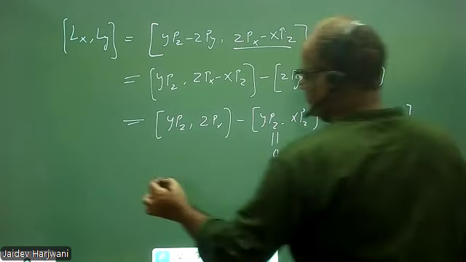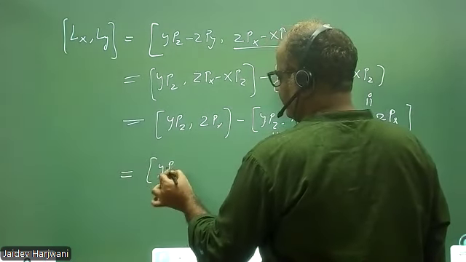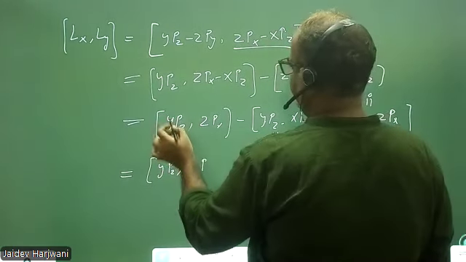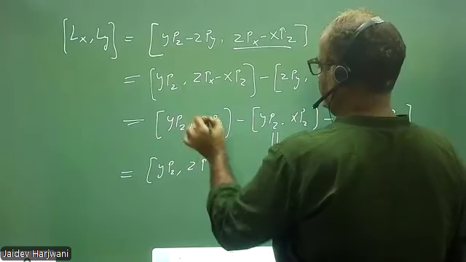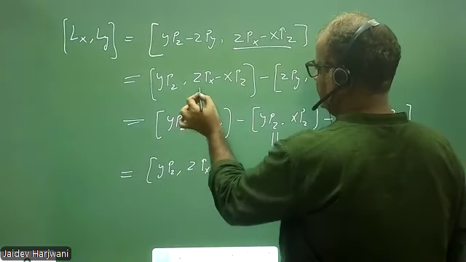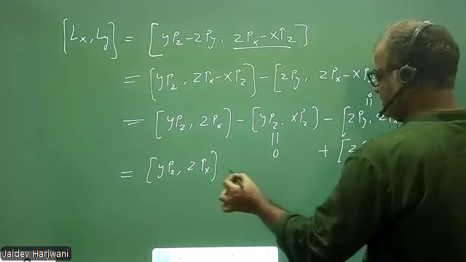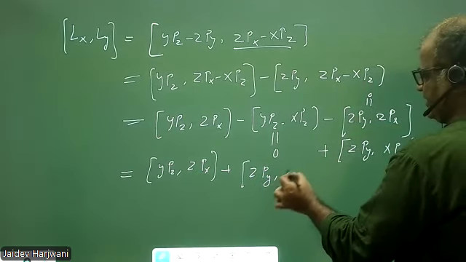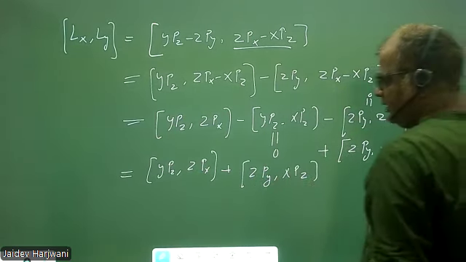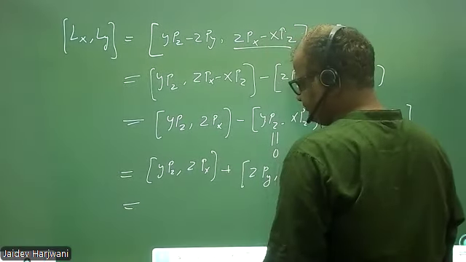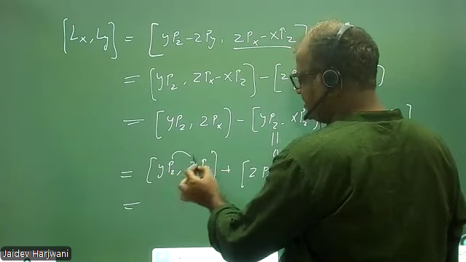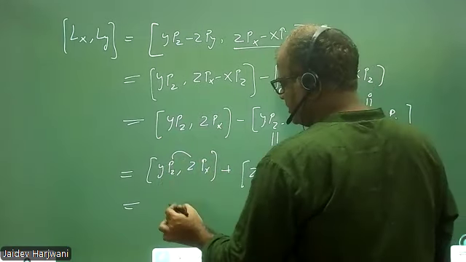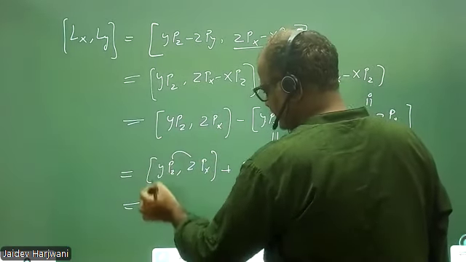So now we are left with only two terms: y pz with z px here, and the last term, z py with x pz. Now again here, pz and z do not commute, while y and px commute, so I can consider them as constants.